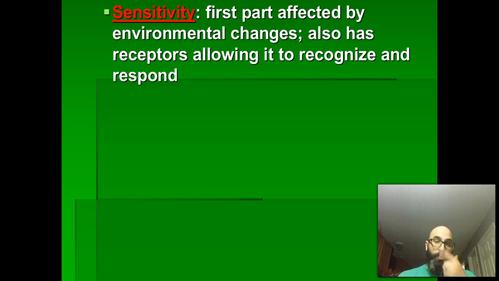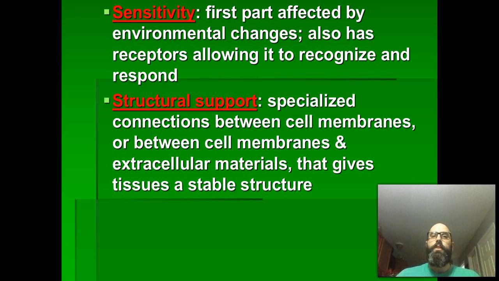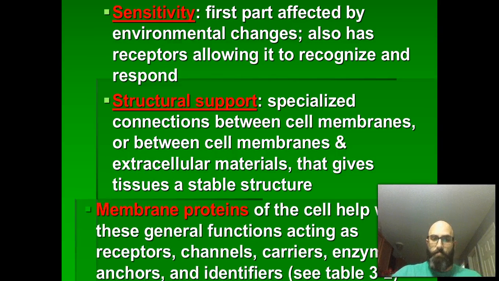This is where we get into receptors, but receptors are made from cells. You also have structural support. The way a cell is arranged or its function can actually provide support. In particular, the cell membrane provides support for whatever's inside the cell and maintains the environment from outside the cell. You also have those membrane proteins embedded in there.